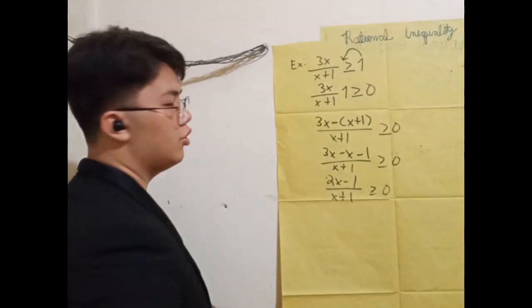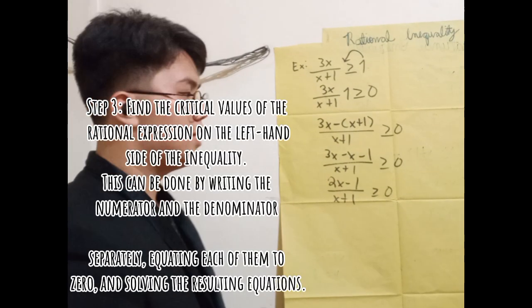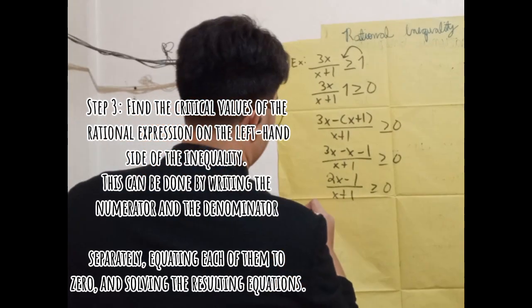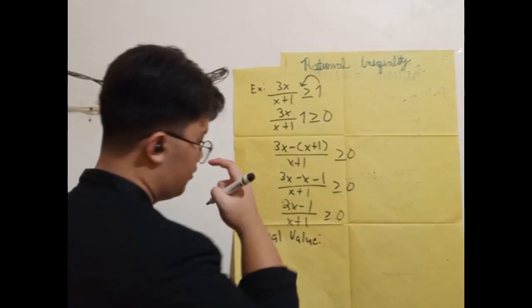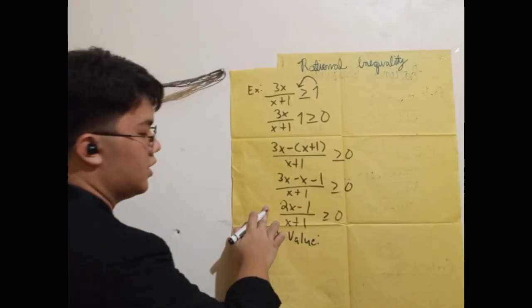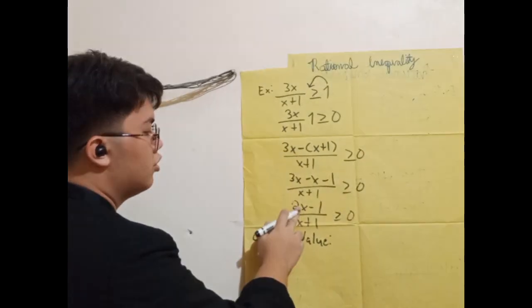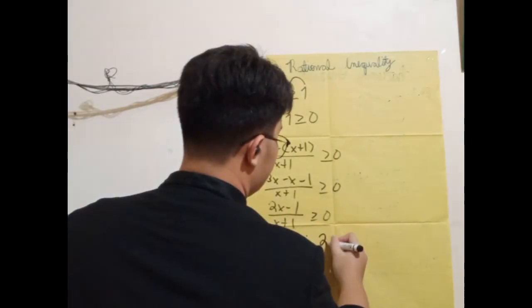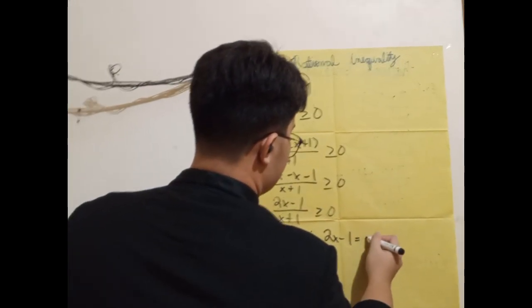Now let's move on to step 3, which is the critical value. Let's solve the numerator first, which is 2x minus 1 equals 0.